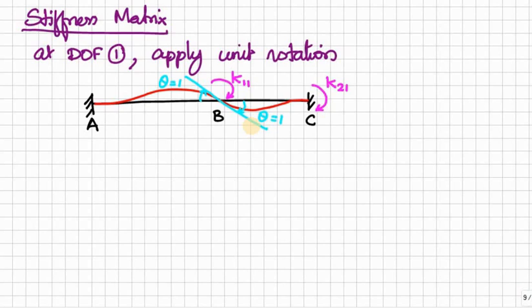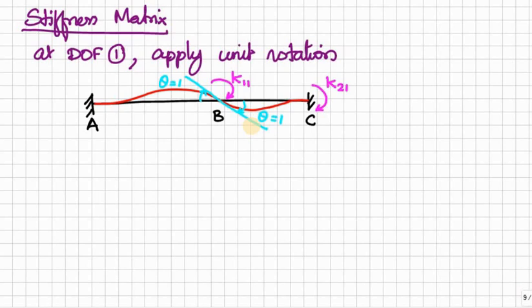Here, therefore, we get the moment at M, which is denoted as K11. That means the force at degree of freedom 1 or system coordinate 1 due to the unit rotation applied at system coordinate 1.